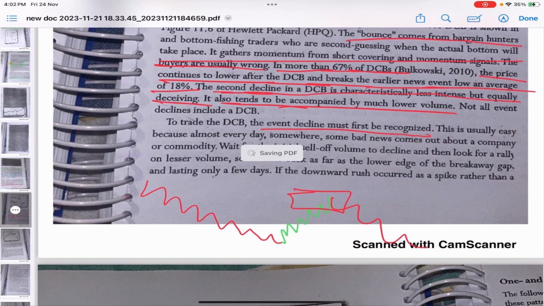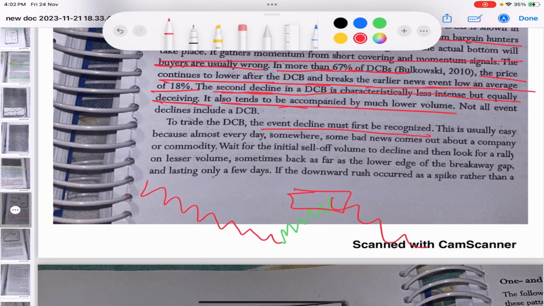So wait for the initial sell off volume to decline, then look for a rally on lesser volume, sometimes back as far as the lower edge of the breakaway gap.